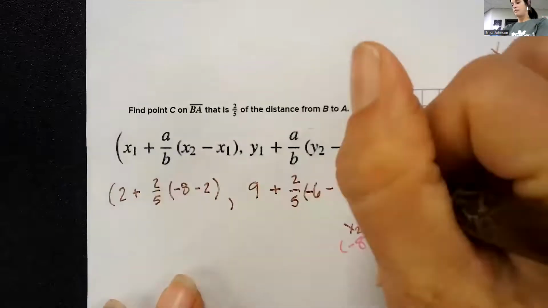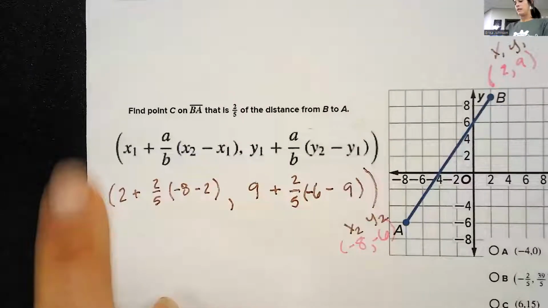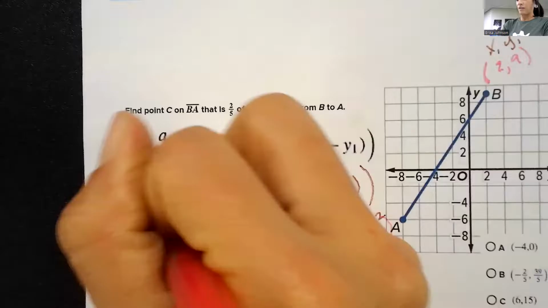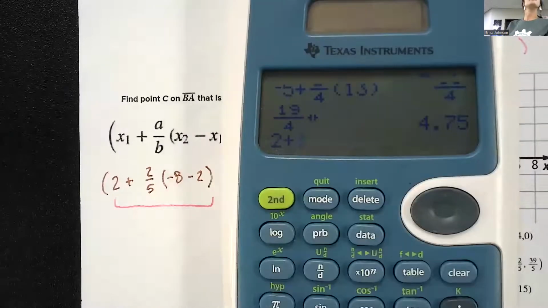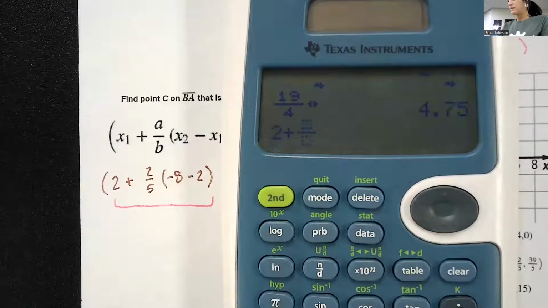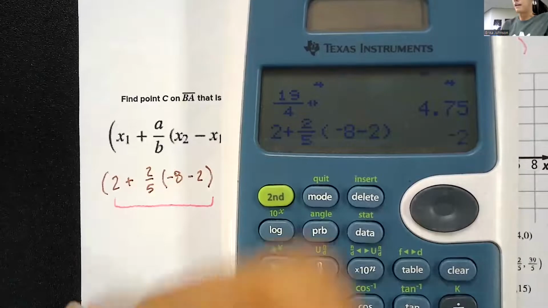Okay, so then I'm going to take this quantity here and plug all of that into my calculator to find out what x is. So I'm going to do 2 plus 2/5 times -8 minus 2. If you type it in just like we wrote it, it'll save you from making any errors. That's -2.